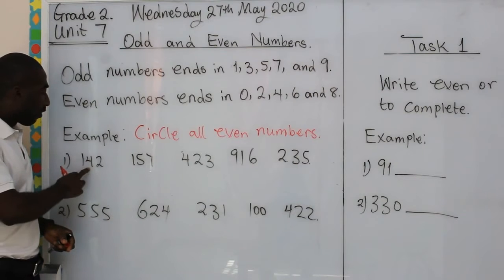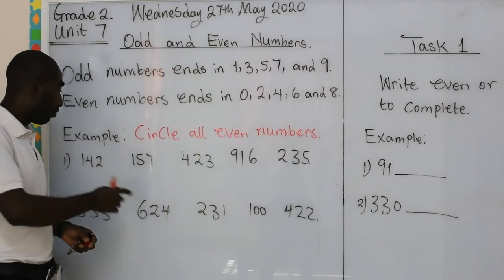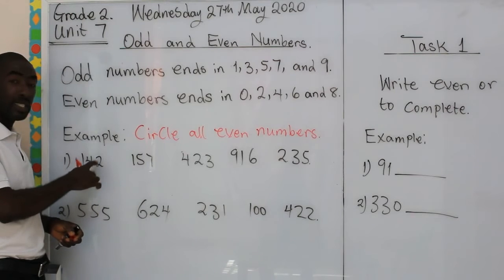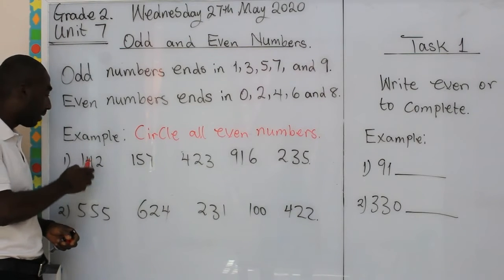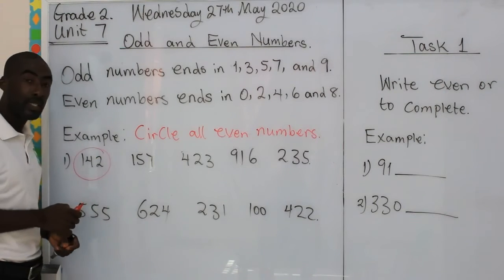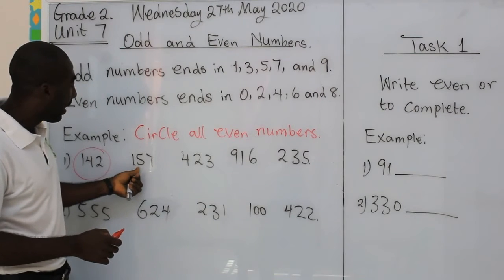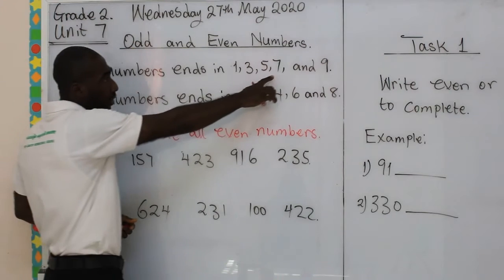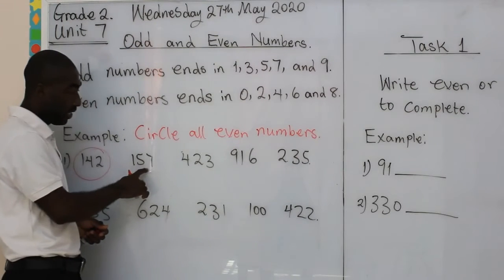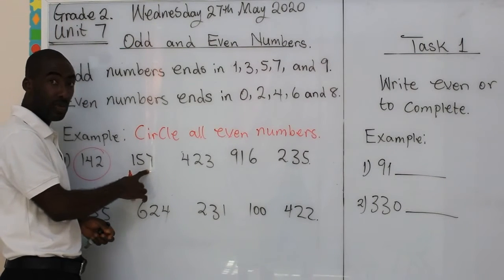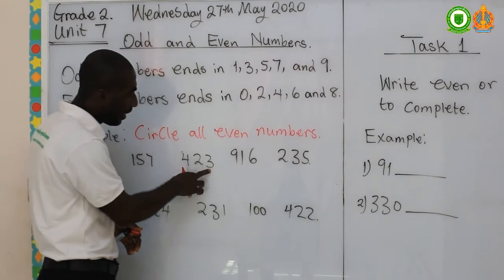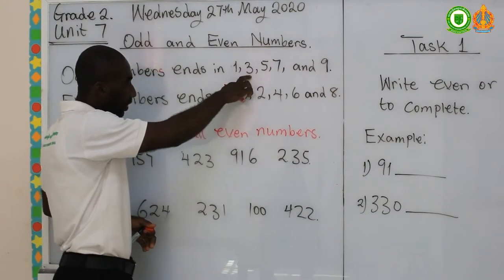We have 142, so it ends with 2. Once it ends with 2, it means this number is an even number, so we can circle this one. We have 157, so 7 is in the category of odd numbers, which means that we cannot circle this one. It becomes what? An odd number. This ends with 3, so 3 is odd.